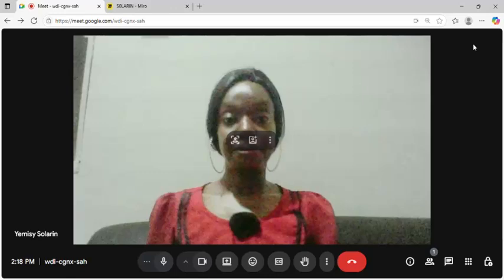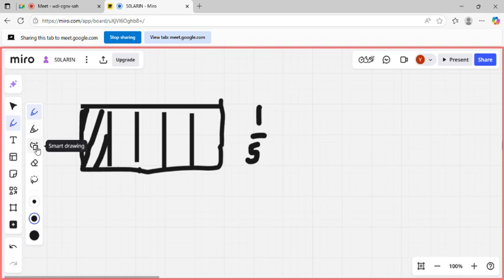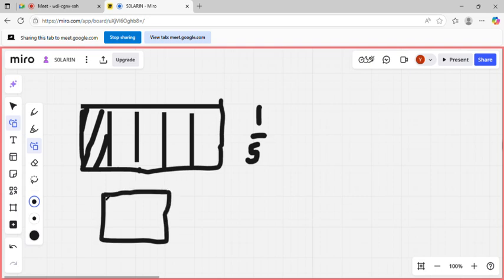So now the next step, I'm going to draw another shape so that we can identify this fraction. I will be drawing a square this time around. Now this is a whole, so I'm going to be dividing it into 4 equal parts to make a fraction.